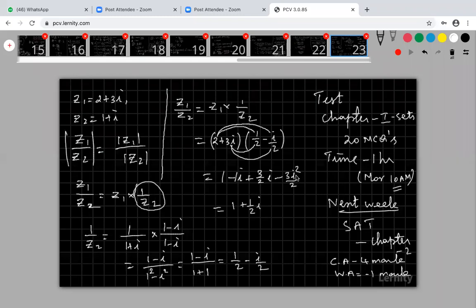Here look at that, my i square is minus 1. Minus 1 into minus 3 by 2 is plus 3 by 2. So therefore, this is 1 plus 3 by 2, which is 5 by 2, plus 1 by 2 of i. Are you okay? So this is my Z1 by Z2. Are you clear? Any doubt in this?